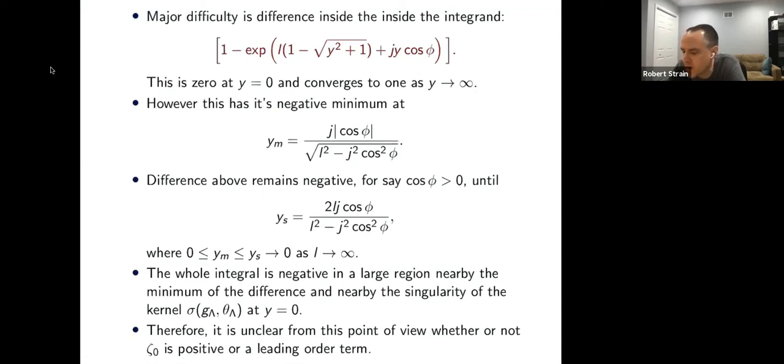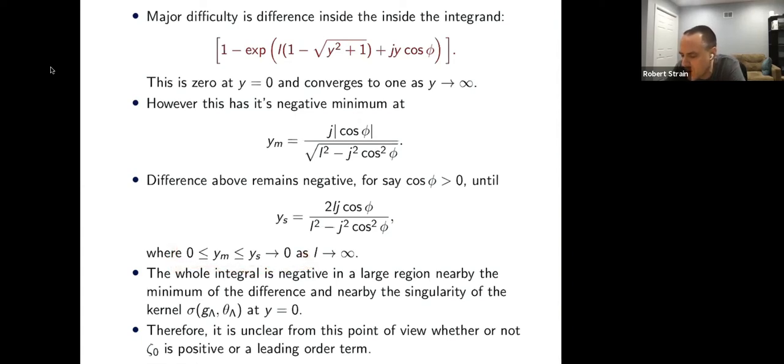However, this has its negative minimum here, at this expression, y_m is a negative minimum. And so this expression is negative at the minimum, and the difference above remains negative. For example, if cosine of theta is 0 until you get to here, which is another number. And so in this region, the whole integral is negative.